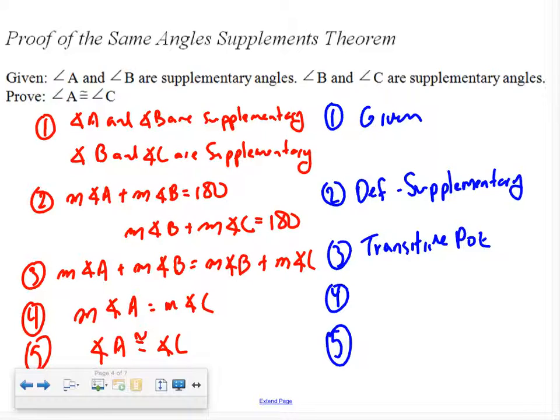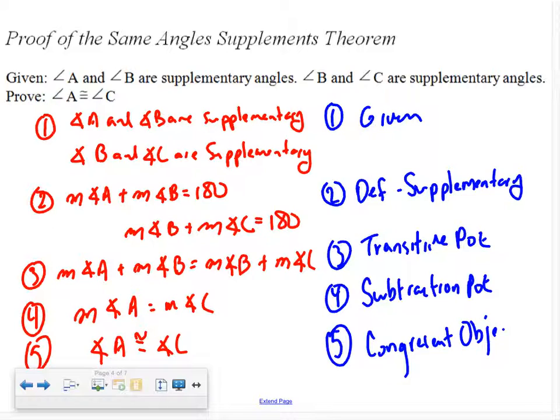And then from 3 to 4, you notice that the measure of angle B disappears because we actually subtracted from both sides. So the subtraction property of equality occurs, and then we have congruent objects, saying that objects of same measure are congruent.